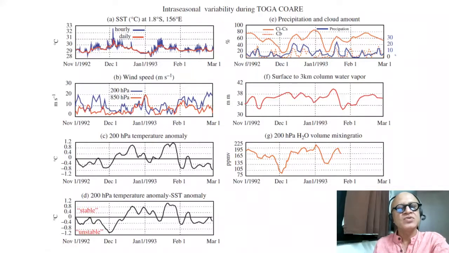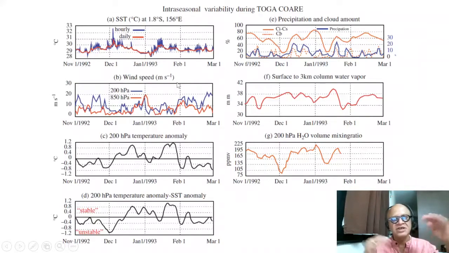Okay, so this says that the warming phase here, going from about 29 into 30 and so on, is associated with weak surface winds and strong upper level winds. And as the cooling happens here, you have wind speeds in phase, picking up near the surface and weakening somewhat in the upper atmosphere. In fact, surface winds are stronger, and then you again get into the warming phase and so on.